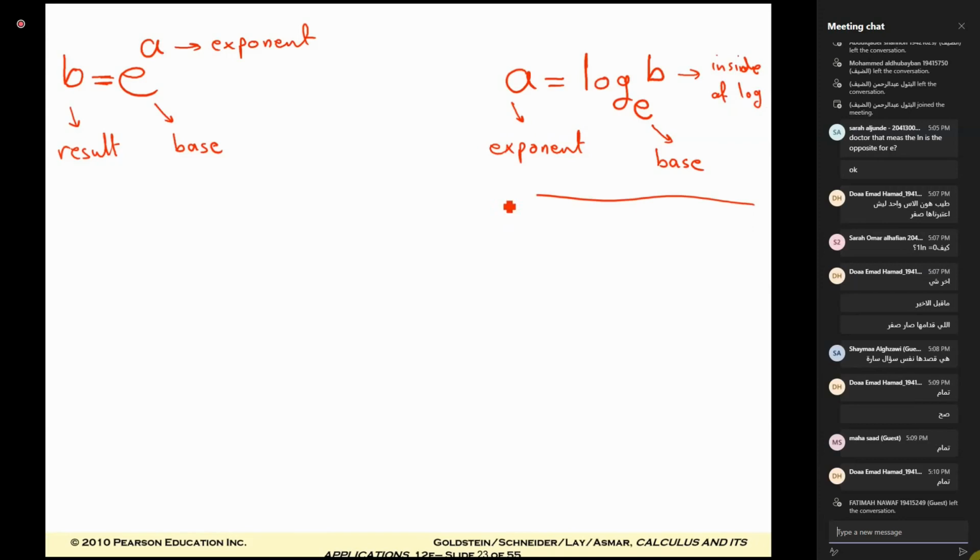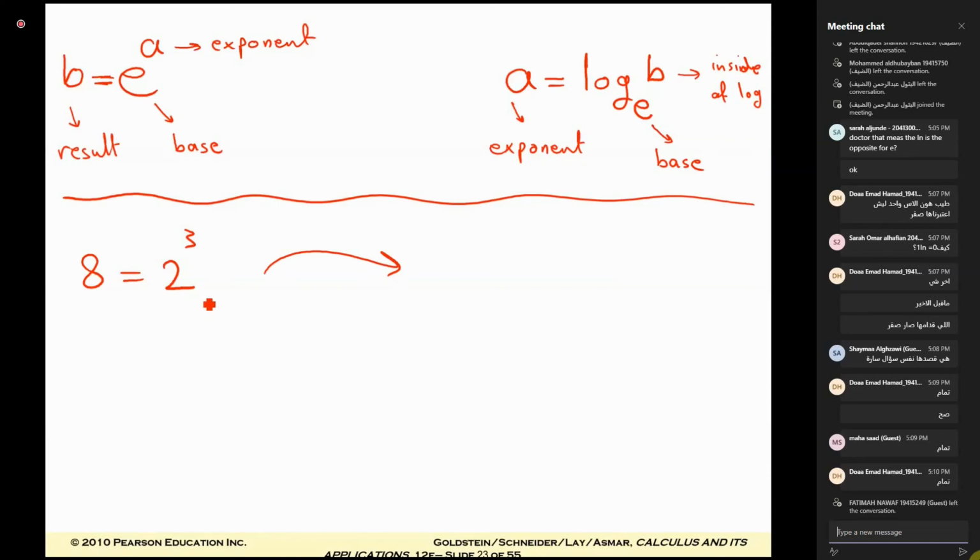Now an example of this in numbers. We already know 8 equal 2 to the power 3. This is an exponential expression.